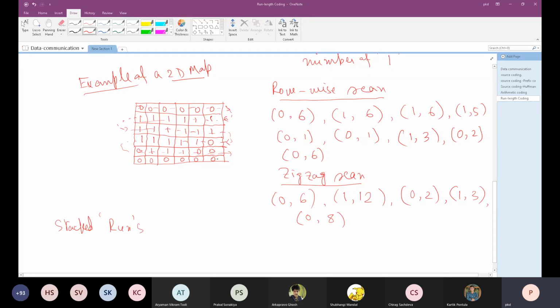Then we have 1, 0. Then we have 5 ones, 1, 5.